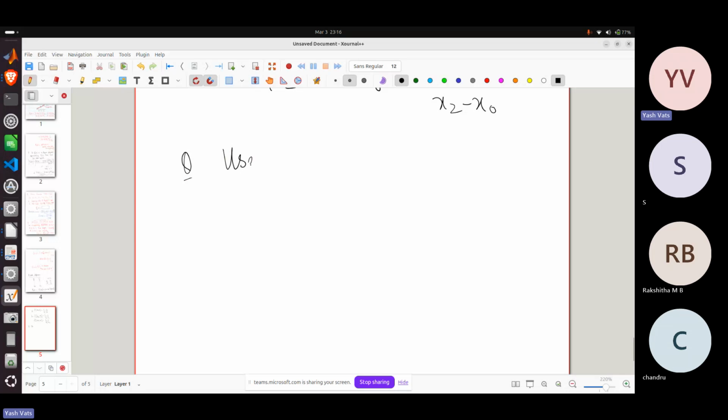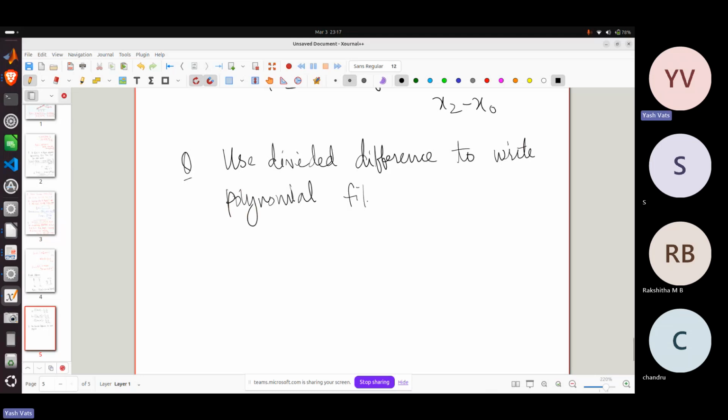Use the divided difference polynomial fitting of f at x = 1, 2, 4 and f(x) = 5, 8, 7.